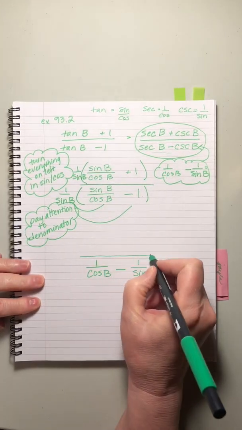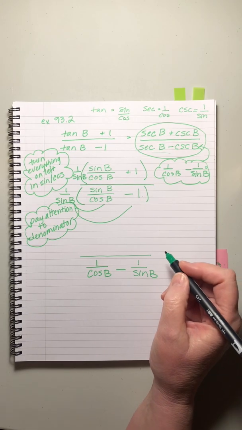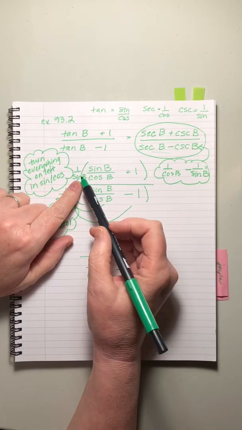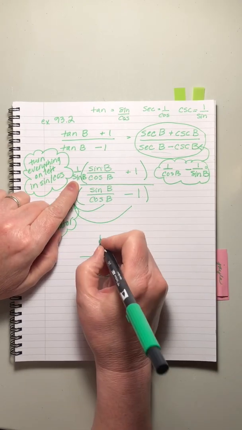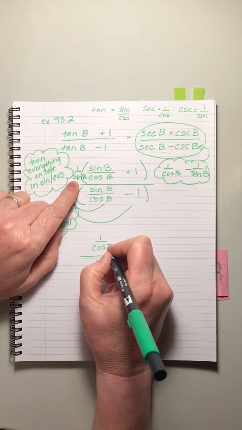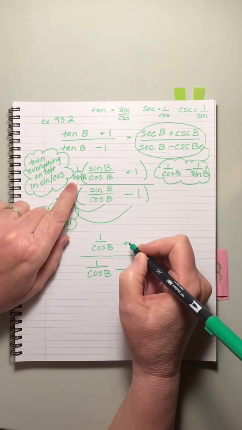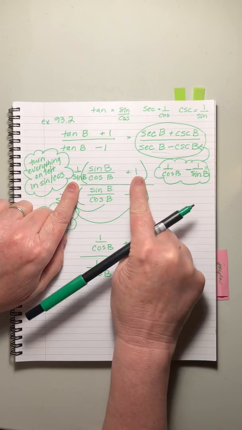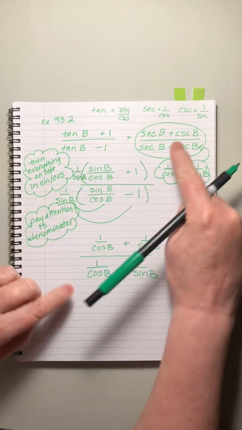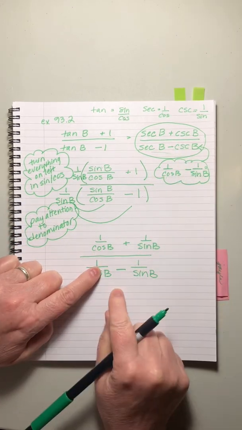Now, I don't know if the numerator is going to work out. I might have to do something more up there, but let's see. When we multiply the top, and we have to do top and bottom, right? This also cancels, and I get 1 over cosine of B plus 1 over sine of B when I multiply it by 1. And look, that's exactly what the top is.